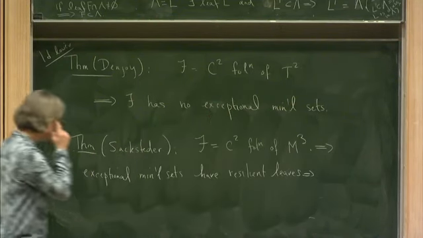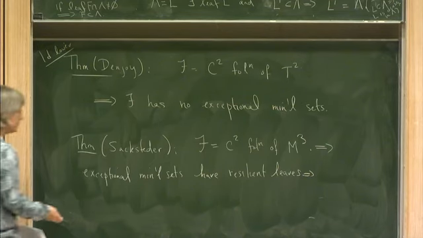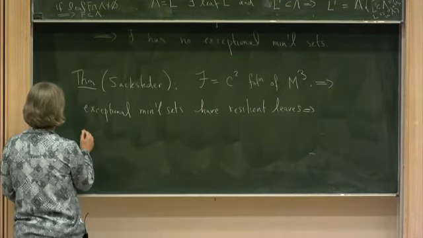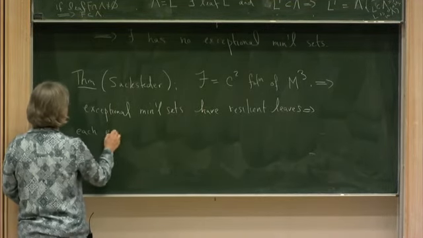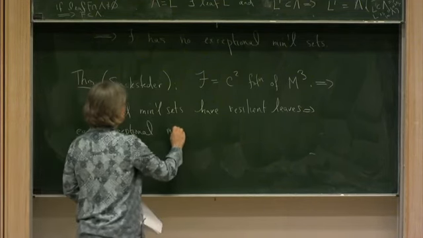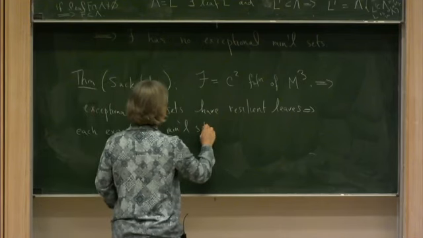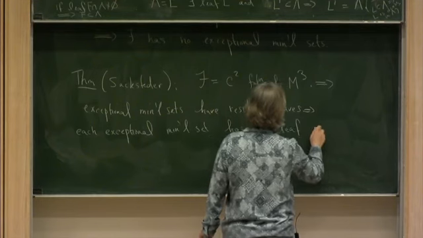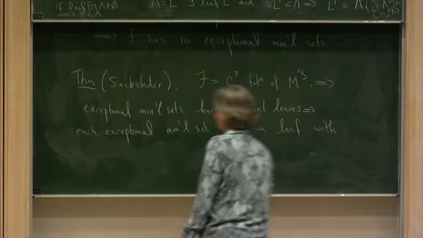For these lectures, all we care about is that this means that there are leaves with contracting holonomy. So each exceptional minimal set has a leaf with contracting holonomy.